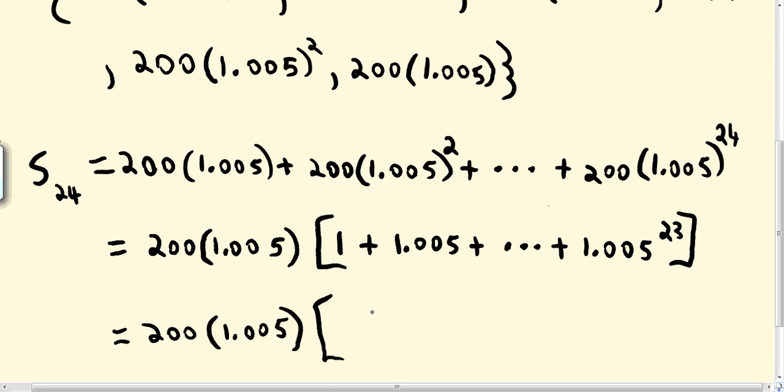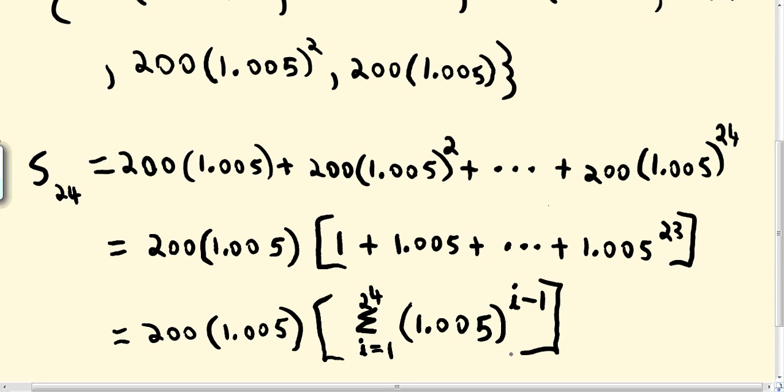As a sum, it's going to be the sum from i equals 1 to 24 of, well, the first term is 1, and then the common ratio is 1.005, and I'm going to raise this to the power of i minus 1.